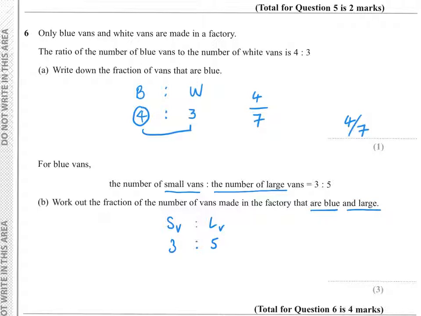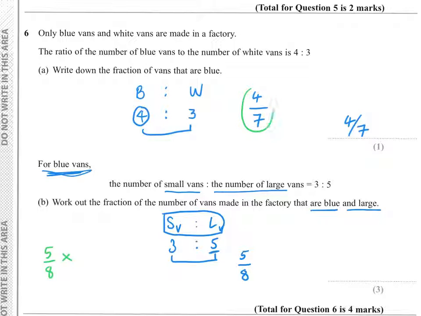Well, if you look here, there are 5 out of a total of 8 parts that are large vans. But we're only talking blue vans here, because it says here for blue vans the number of small to large is 3:5. So that would mean that 5/8 of the fraction of blue vans will be large.